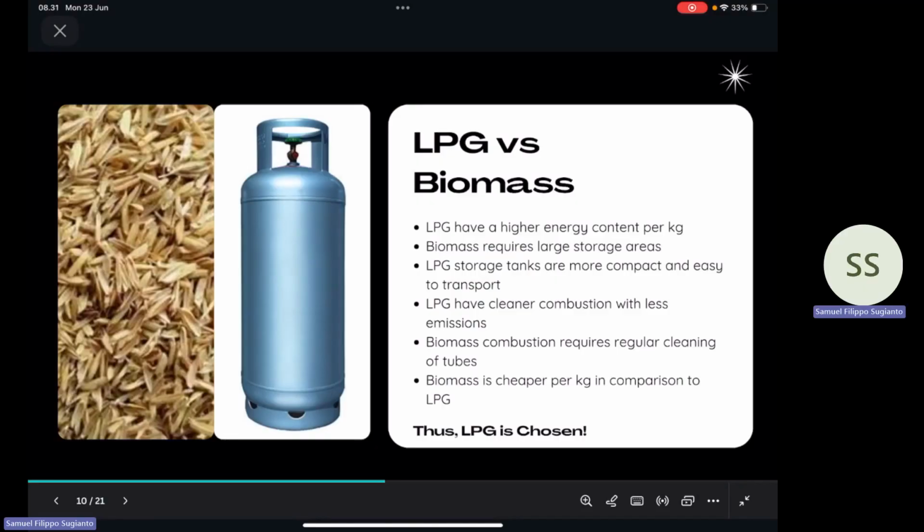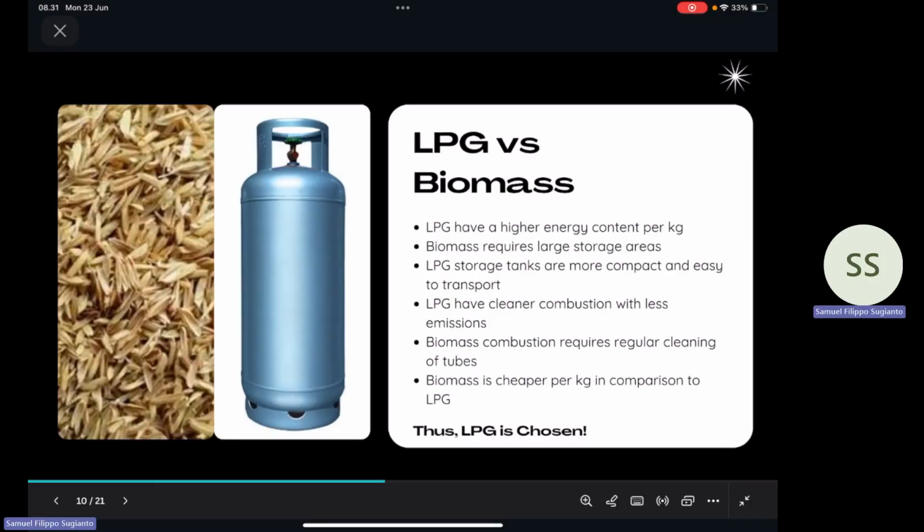Now for the fuel source, the choice is either LPG or biomass. LPG has a higher energy content per kilogram, but biomass requires a large storage area that needs to be dry. LPG storage tanks are more compact and easy to transport, as we can see on the left.